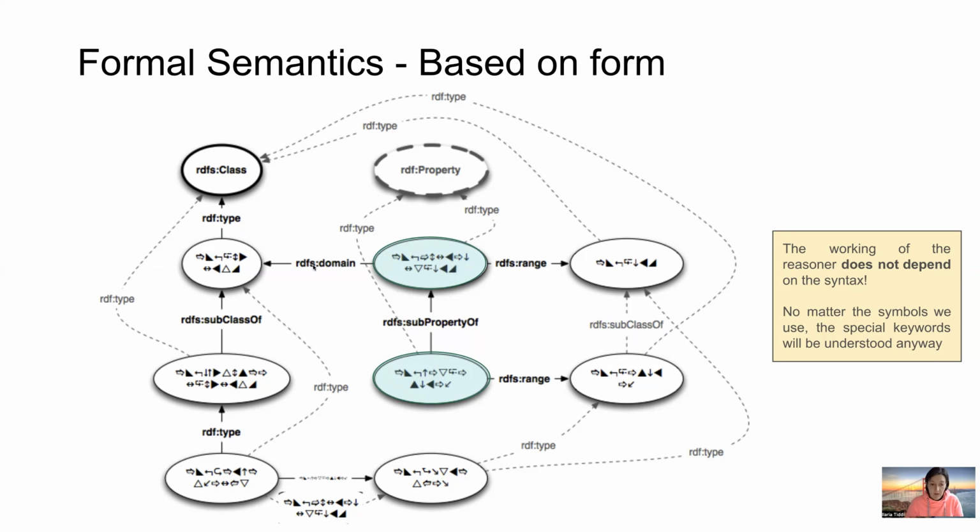This will allow the reasoner to generate exactly the same triples independently of what you have used as symbols. This means that what expresses the semantics is actually the special keywords and not the RDF symbols that you used in your original file.